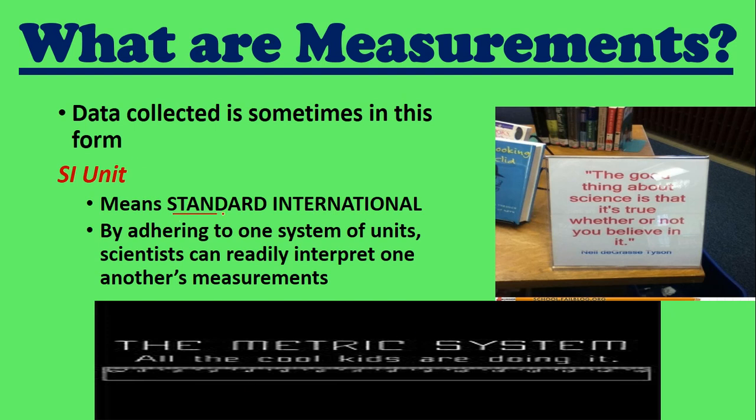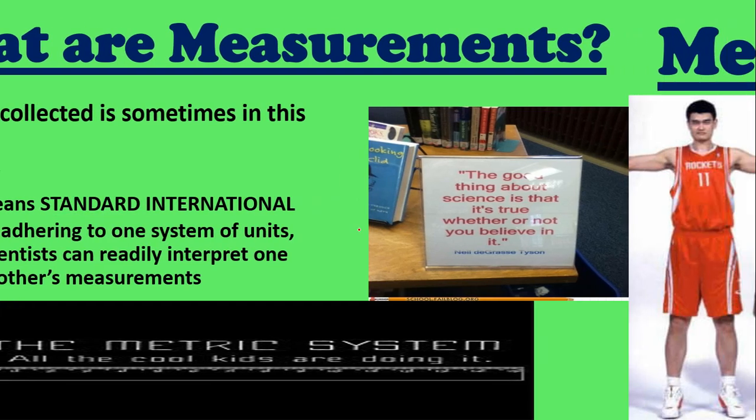Standard means common, international means worldwide, so that anyone around the world can look at it and understand it. We could do an experiment in class, write our units in SI units, and send all of the data and instructions to another classroom, say in Germany, and they can do the experiment, get their data, and compare it to our data and know what's going on.